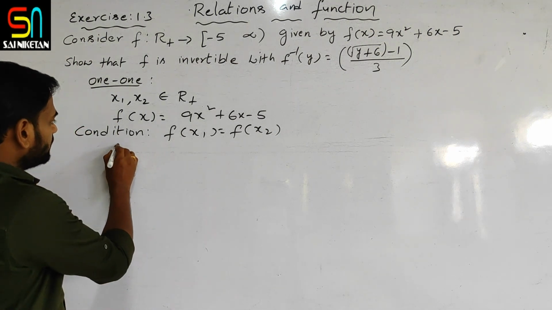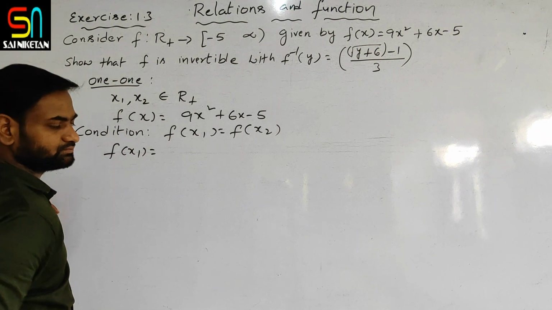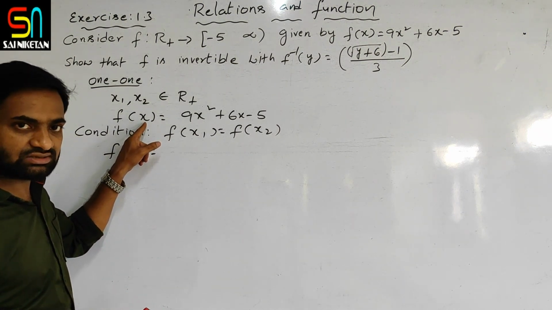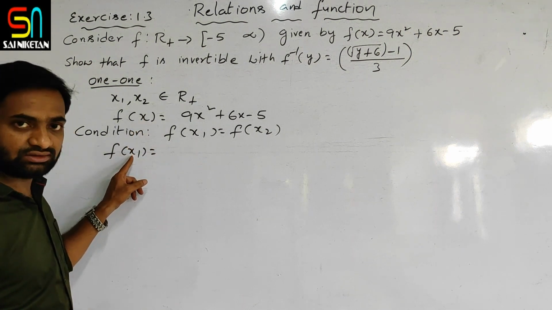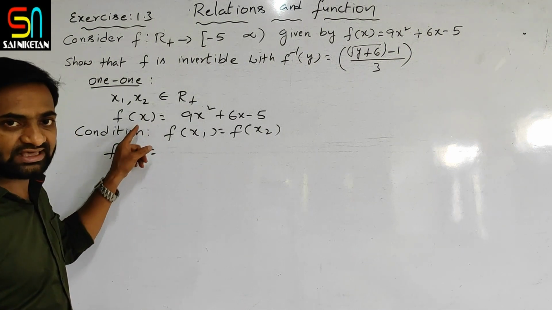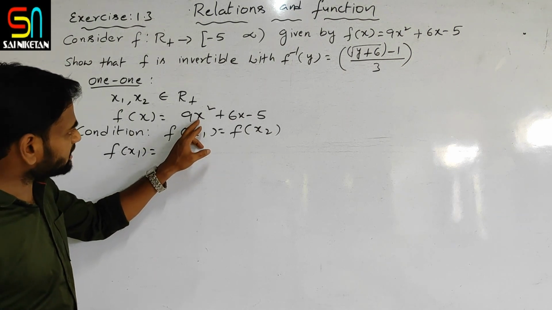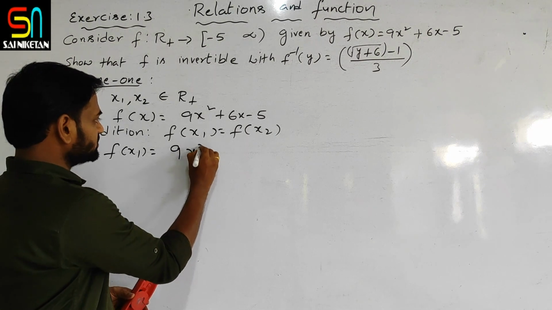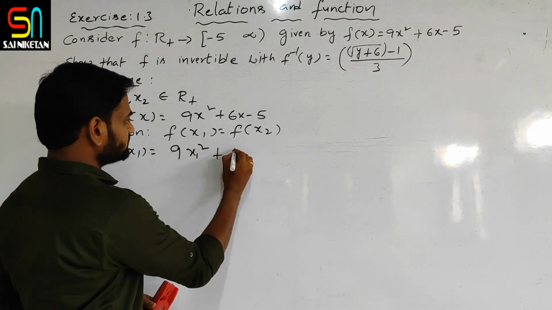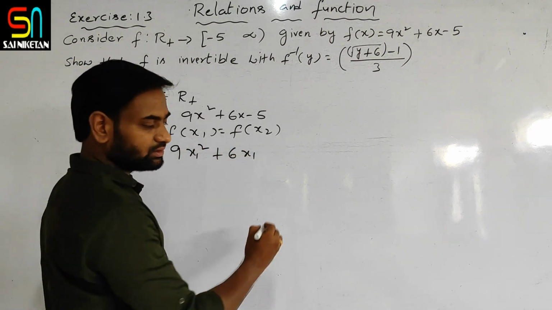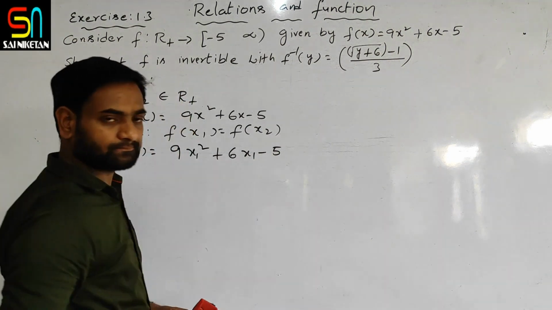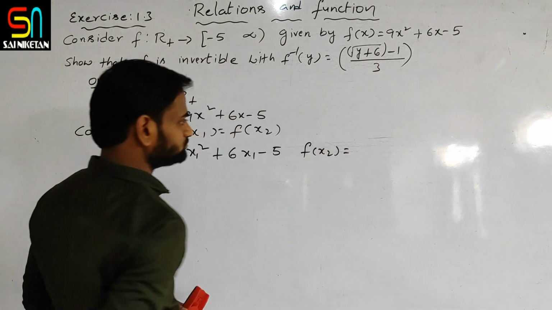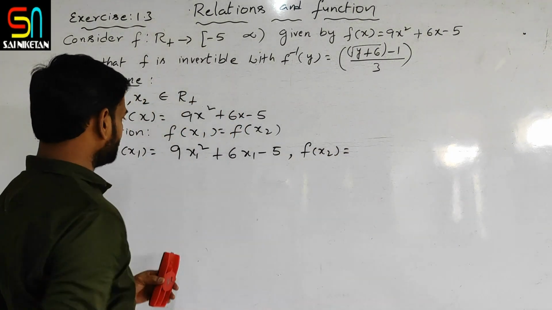So now what is f of x1? See here, it is f of x. It is f of x1. That means in place of x we have to write x1. That is 9x1 square plus 6x1 minus 5. Next, what about f of x2?